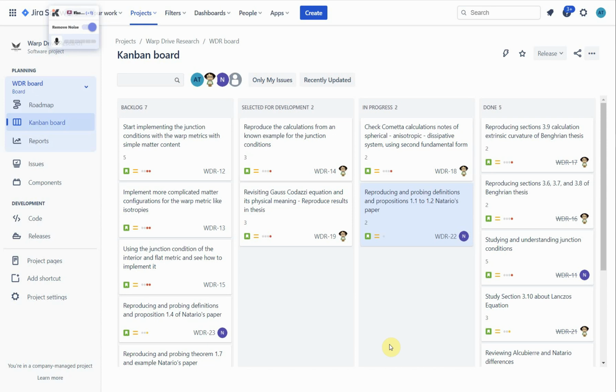I don't know if you have any other questions. Do you mind explaining a little bit more what exactly the first and the second fundamental forms are? Sure.